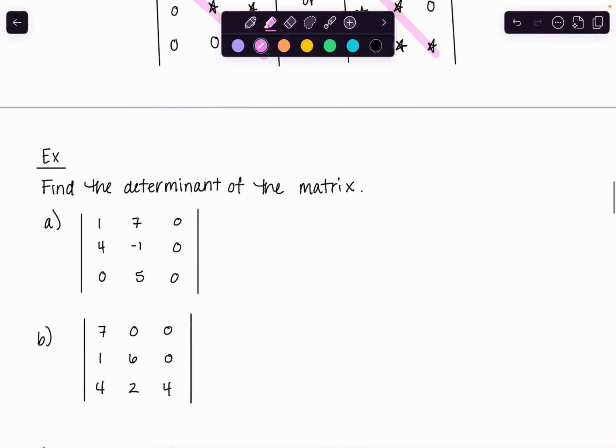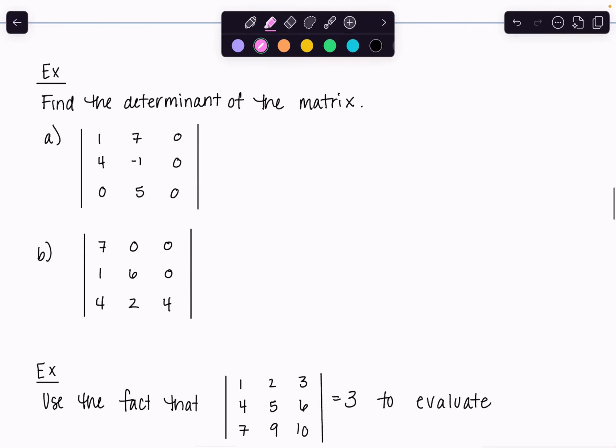We're going to find the determinant of the matrix. Starting with A, I could definitely just jump into doing this. However, I see right here I have an entire column of zeros. So without doing any work, I immediately know this is equal to 0.